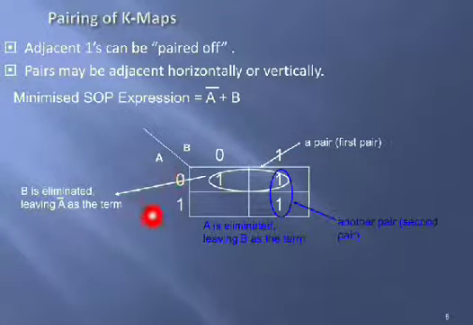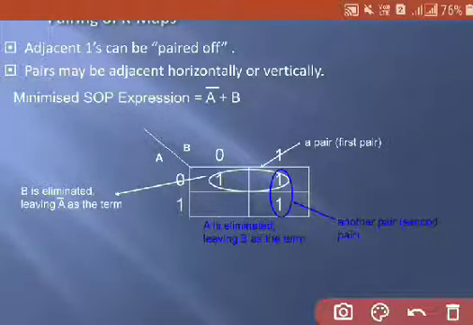If you observe the first pairing, that is the horizontal pairing, this is the first pair. Here B is eliminated, because for these two cells B bar and B both get cancelled. If you write the expression, what is the minterm corresponding to this?